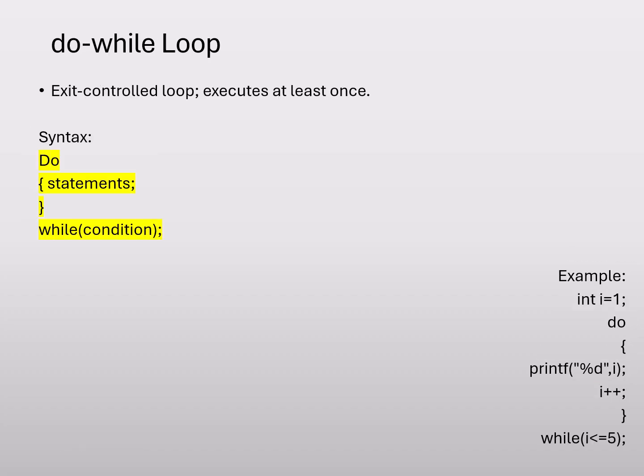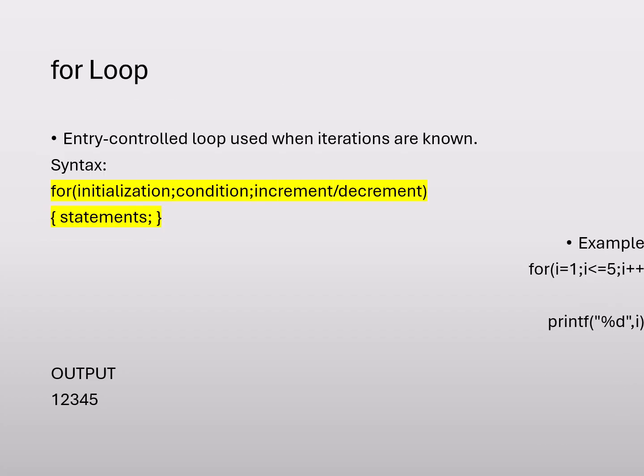Next, do while is an exit controlled loop. Do while executes the statement at least once because the condition is checked at the end. In the same example, the condition is checked at the end. Next, the for loop.